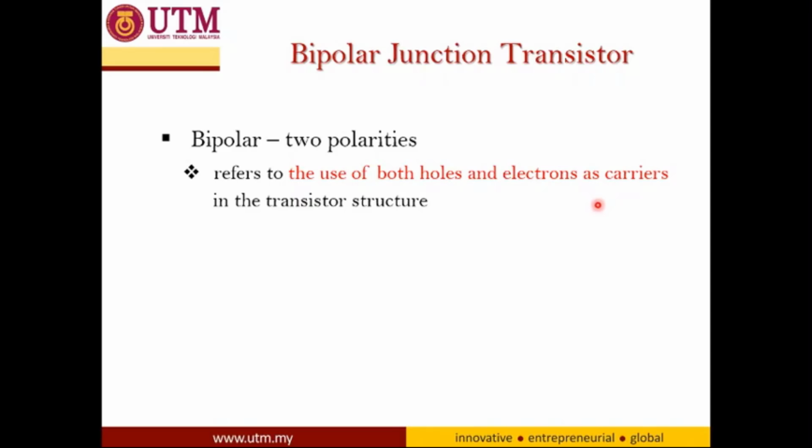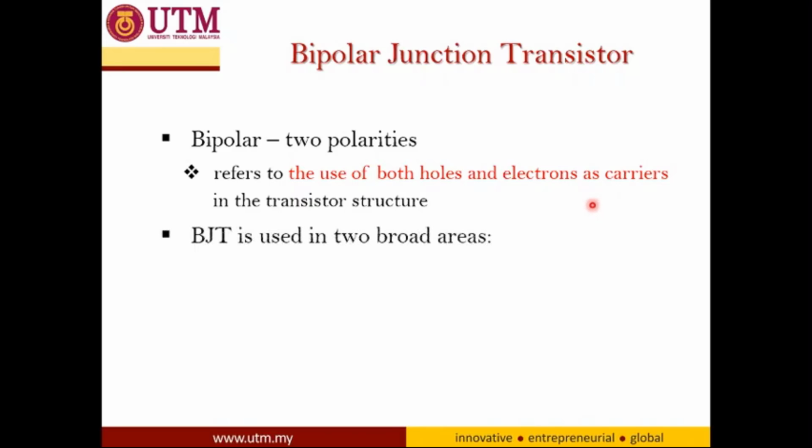First one is the negatively charged electron, and the second one is the positively charged hole. So bipolar here means that the current in the transistor is a result of the movement of both carriers. This is the opposite of certain devices where the current flow inside the device is only due to either hole or electron movement.